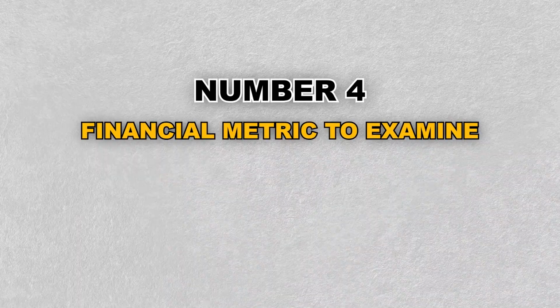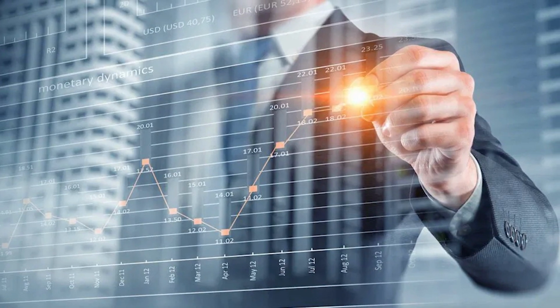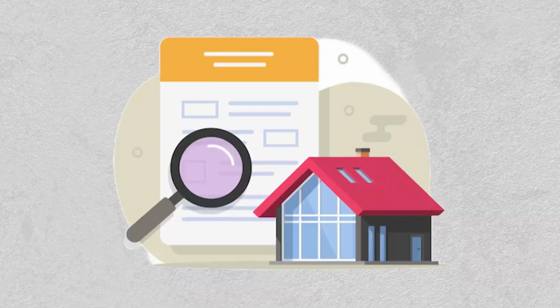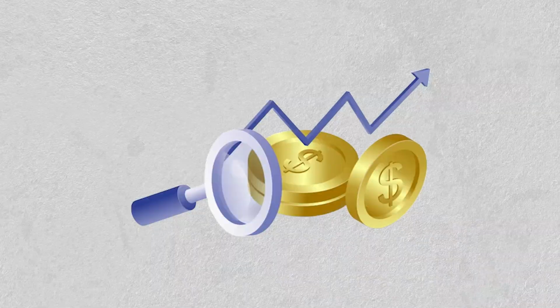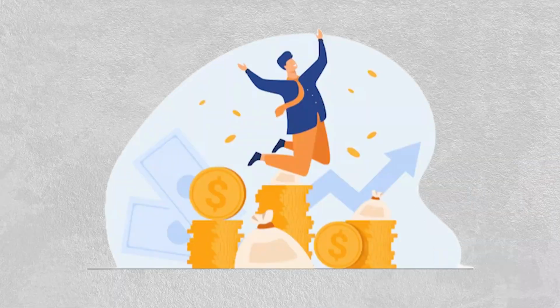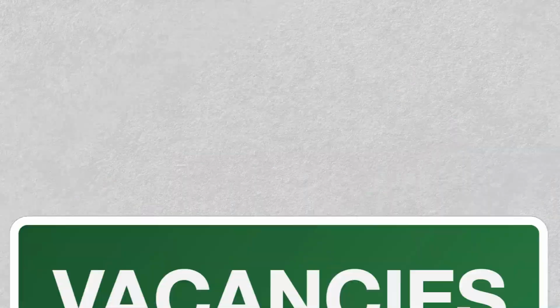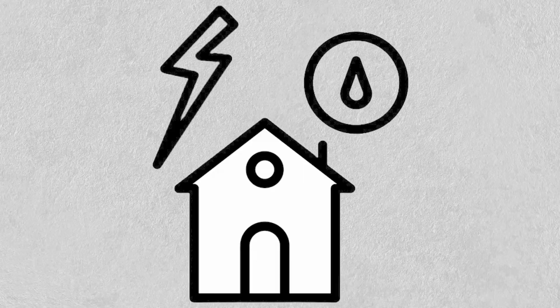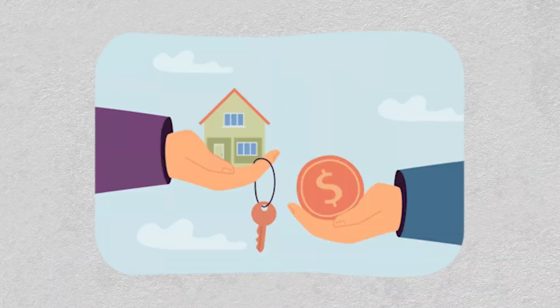Number 4. Financial metrics to examine. To determine a rental property's prospective profitability, a financial analysis is essential. When assessing a property, a number of important financial criteria are useful. Income. The anticipated rental income, which must incorporate projections for future rent increases as well as vacancies. Expenses. Take into account recurring expenses like utilities, property taxes, insurance, maintenance, management fees, and any capital projects.